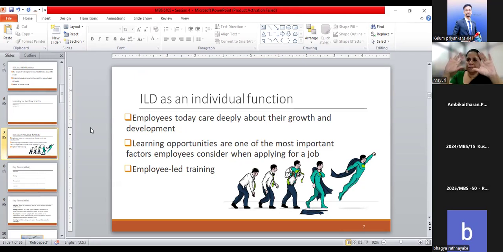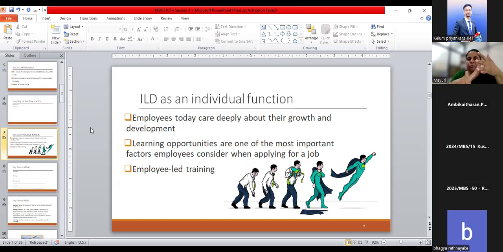So I discussed the things like this. I told we can look at learning from two perspectives. One is the individual perspective, the other is the organizational perspective. When you look at the organizational perspective, the first thing is that it's going through a revolution where we switch from a cost perspective to an investment perspective.